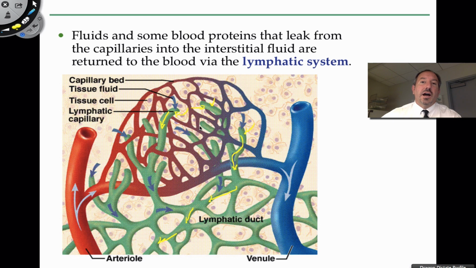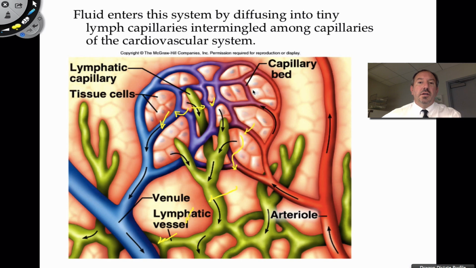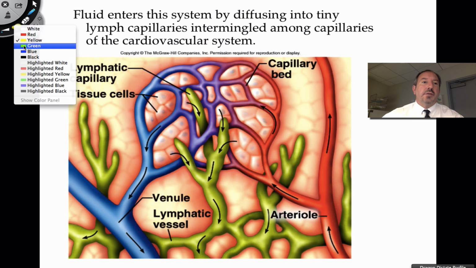And so I mentioned that, but there is another really important function of the lymphatic system too, which is to cleanse the tissue of bacteria. So let's get into that conversation just for a second. So say you had a cut, and there were bacteria that enter, and let me go green for bacteria.